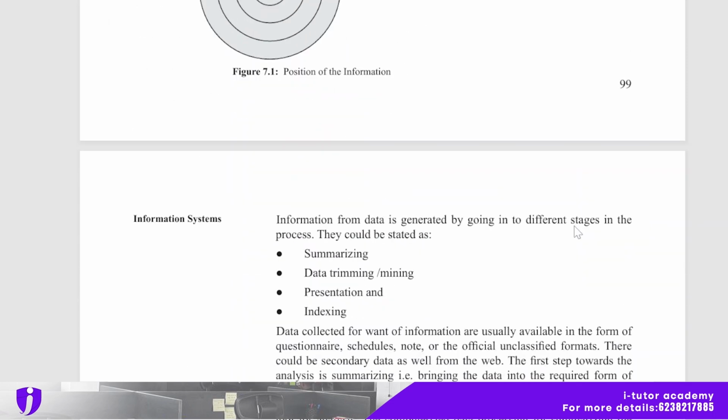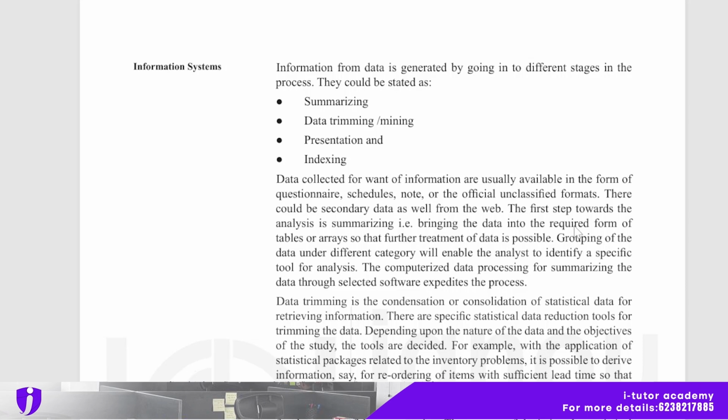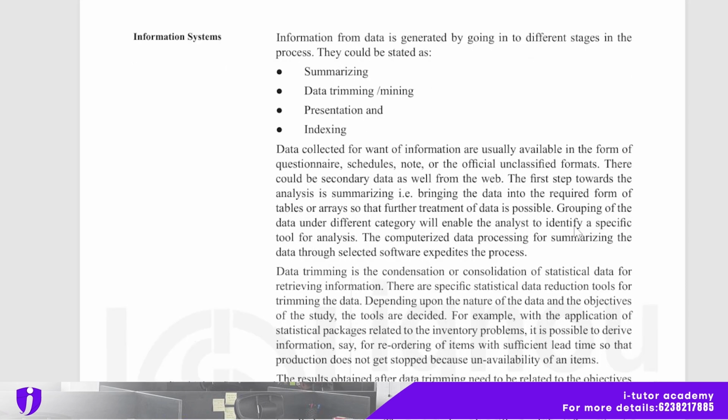Information from data is generated by going through different stages in the process. They could be stated as summarizing, data trimming or mining, presentation and indexing. Data collected for want of information are usually available in the form of questionnaires, schedules, notes, or other unclassified official formats. There could be secondary data as well from the web.